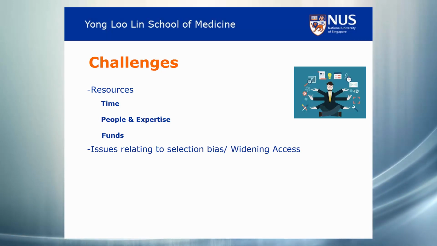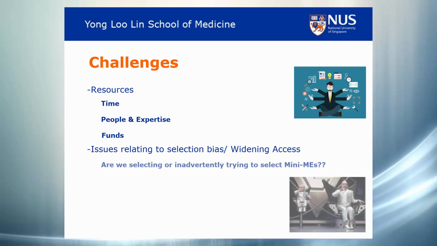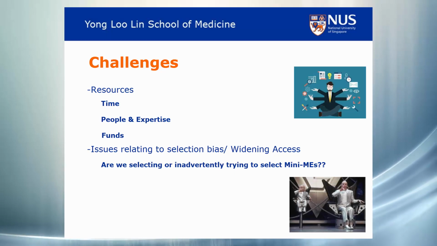The next issue is, are we biased in our selection process? Are our constructs inadvertently trying to select a mini-me? This famous film Mini-Me, if you have not seen it, was quite popular in the 1970s and 80s. I think a version came quite a bit later as well. But are we trying to recreate another mini-me through this selection process?